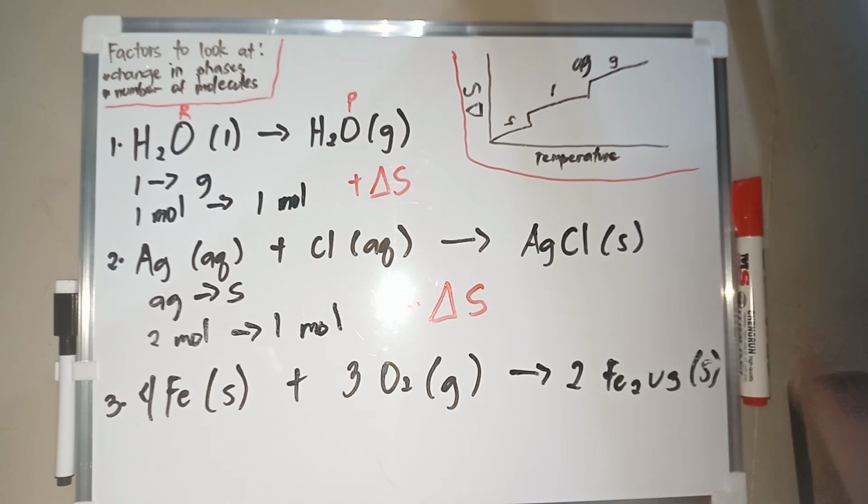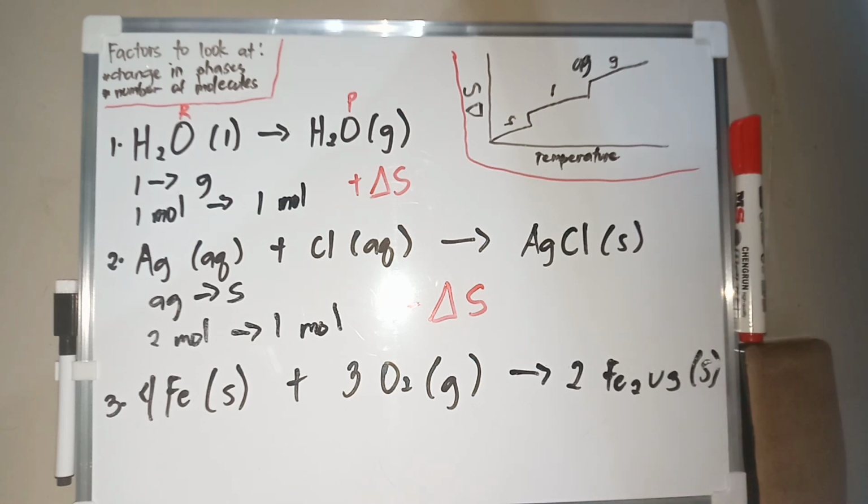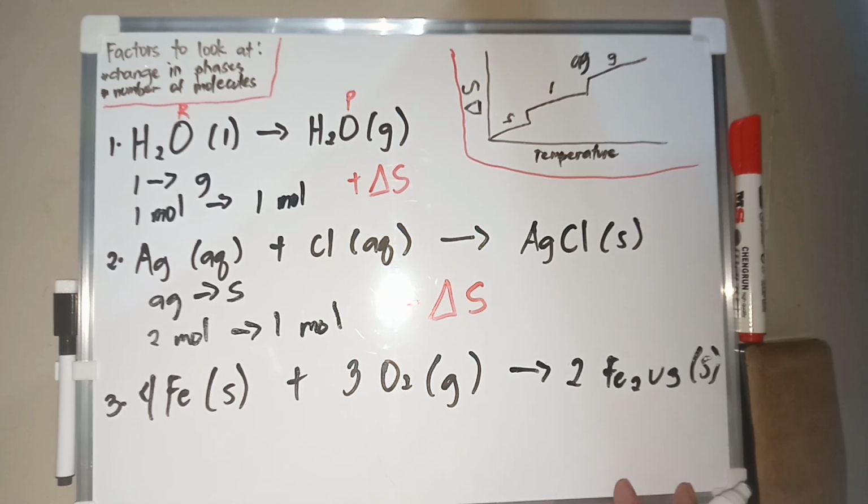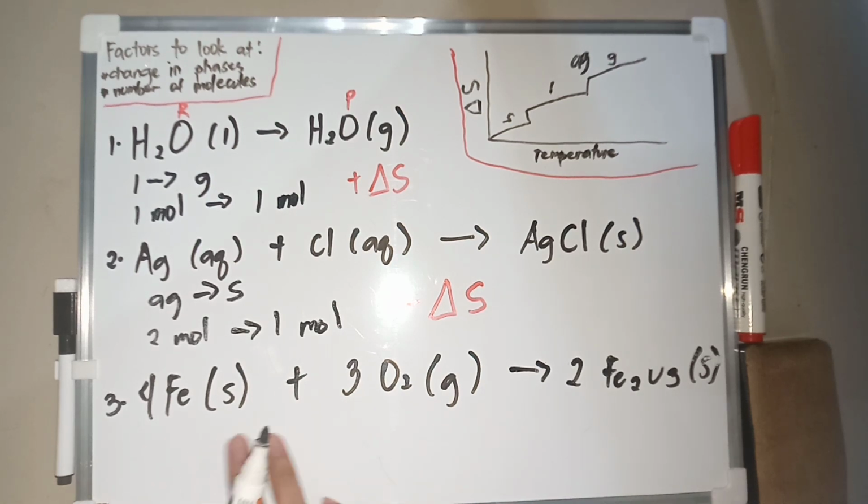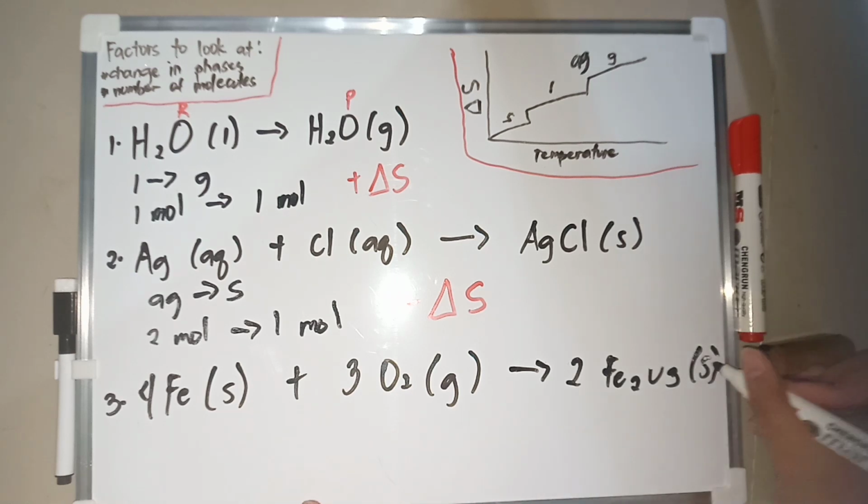So number two. Number three is a bit tricky. You can pause if you want to try, but we'll start now. In change in phases, we have in our reactant solid and gas, and in our product we have solid.